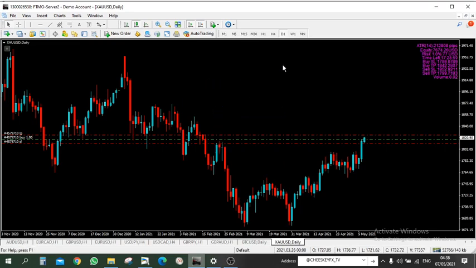So I'm on daily time frame. What I will be looking for to draw my support and resistance is a psychological key level. I can't draw my support and resistance just anywhere.